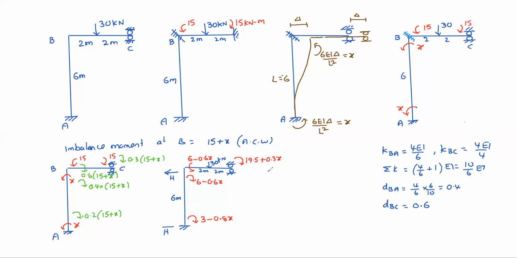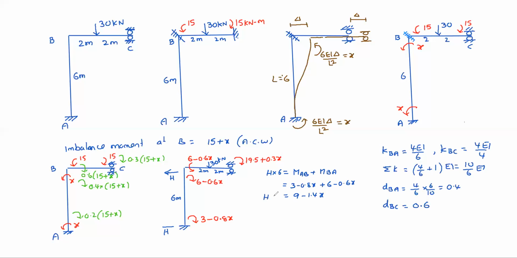This H into 6 equal to the sum of these moments MAB plus MBA, which is equal to 3 minus 0.8X plus 6 minus 0.6X, that equals 9 minus 1.4X.